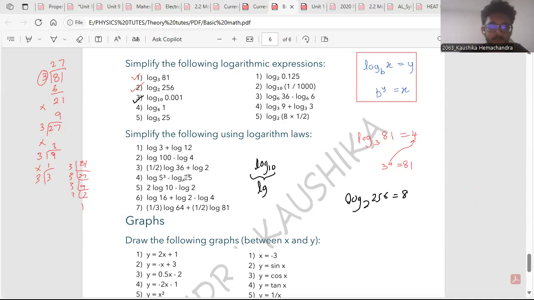Do the third one. Yeah, one of you has said the correct answer. What's the answer for the third one?